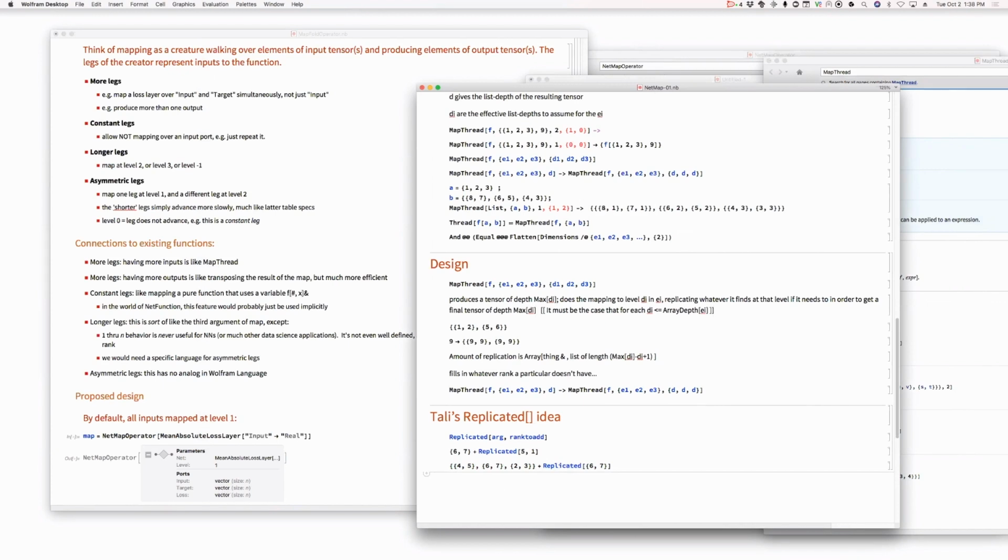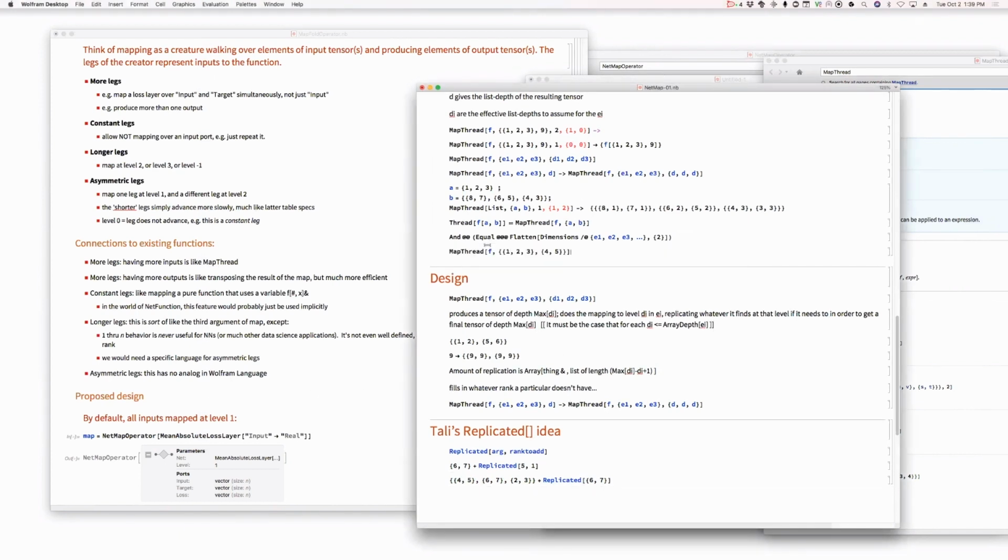Okay. Now, Seth on the live stream is talking about what happens in a particular map thread. Let me just copy that out. So this map thread. What does happen in that map thread? I don't know.